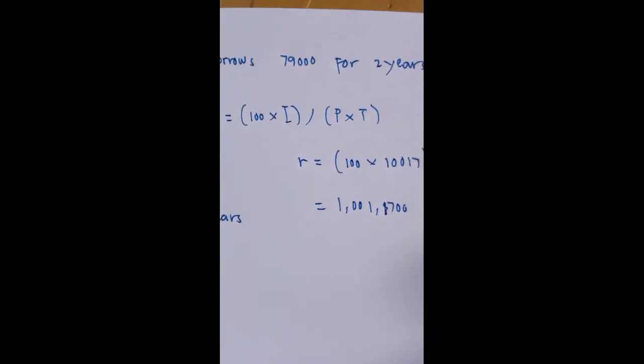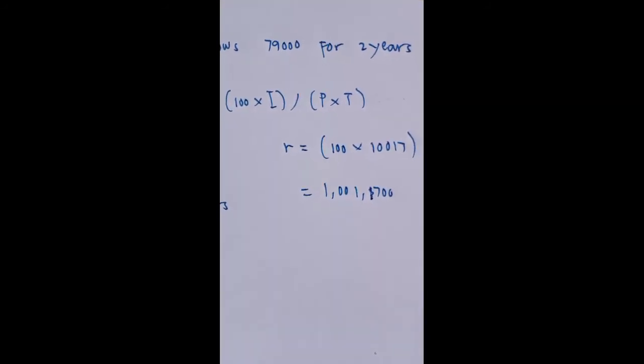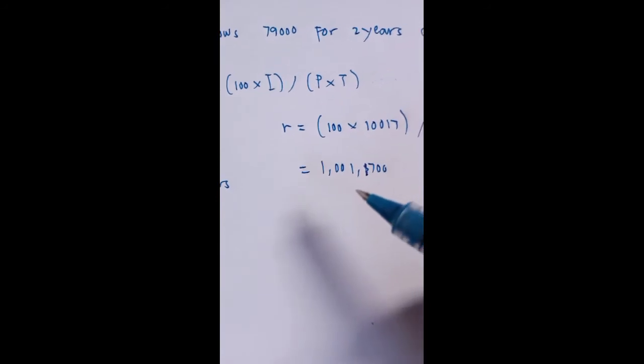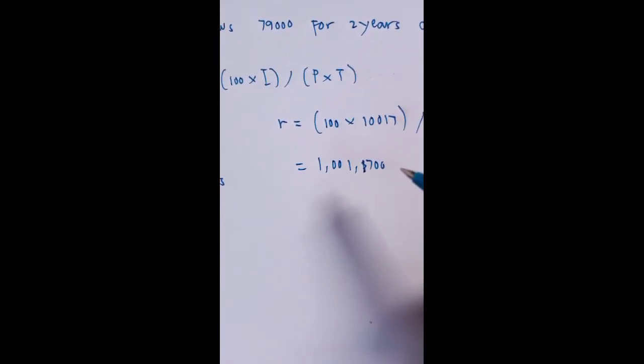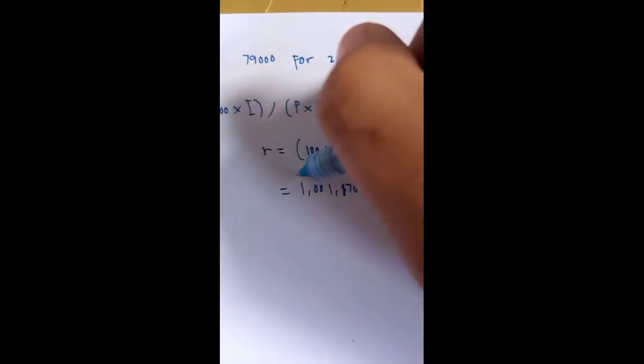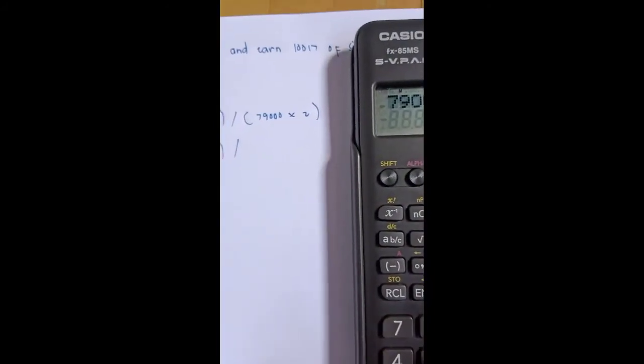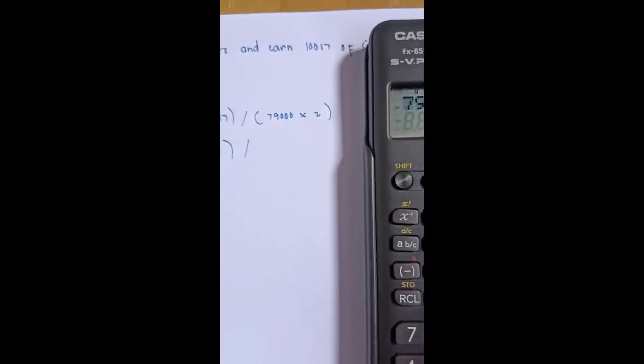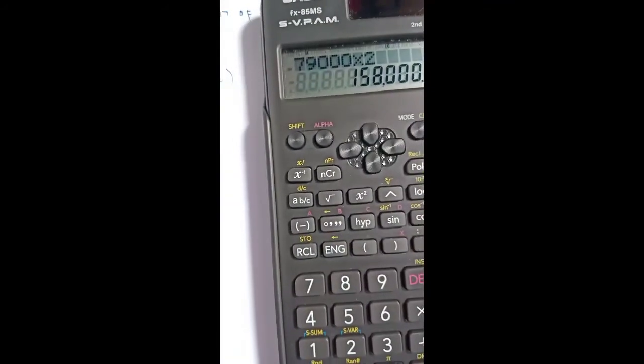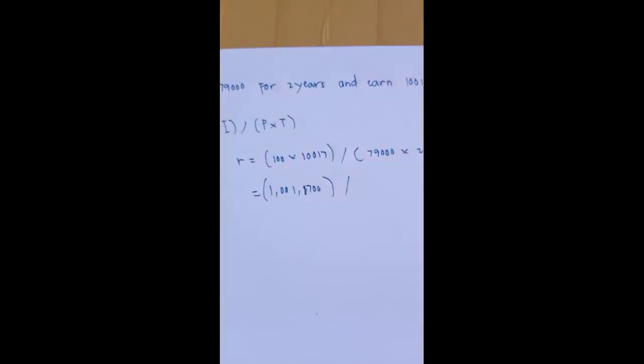So 100 times 10,017 will be 1,001,700 divided by 79,000 times 2, that will be 158,000.